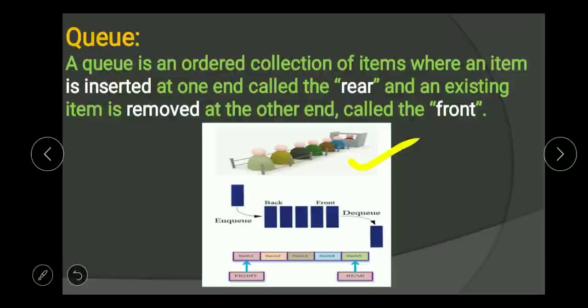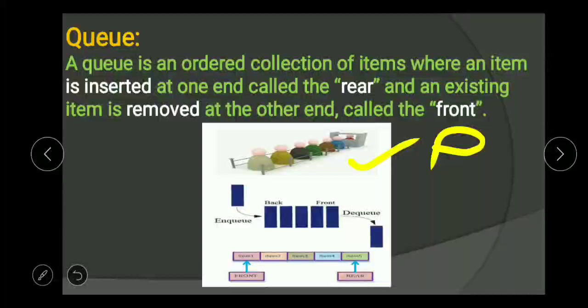Then you go and stand first there, and after that second, third, fourth, fifth, 5 persons are there. Obviously if you are the first, then you will get the ticket first, then you will go. After that the second person, third person, fourth person, and then the fifth person get the ticket.